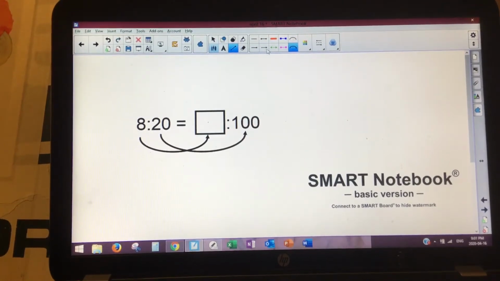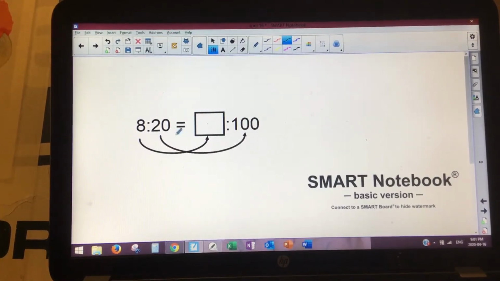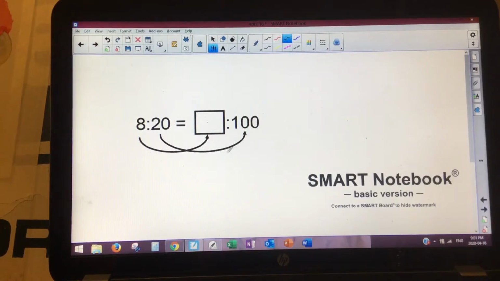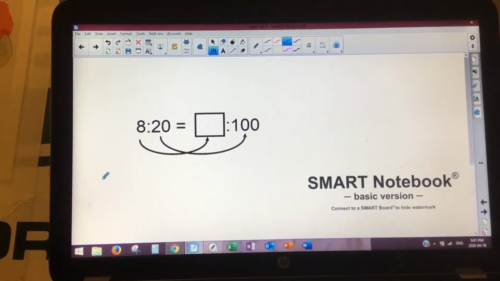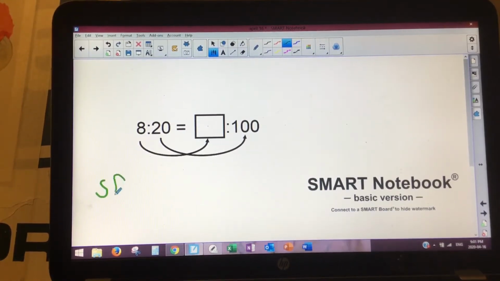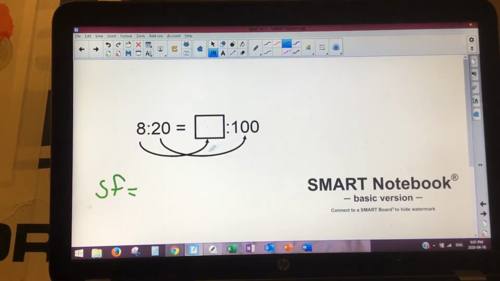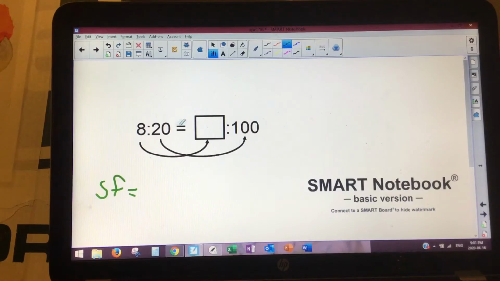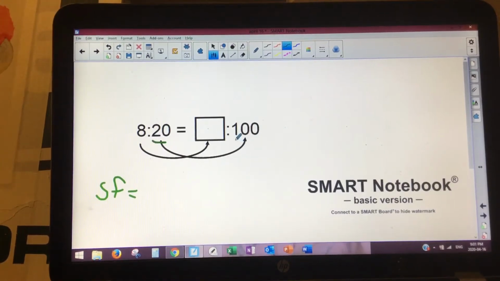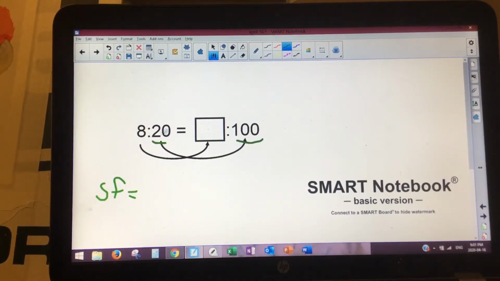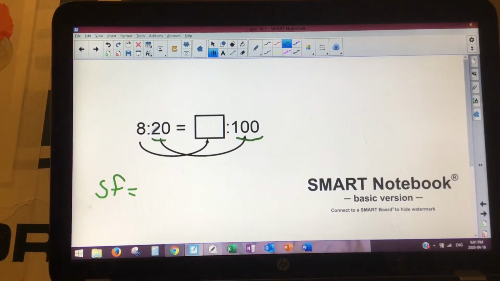So if we remember what we did yesterday, to find what this relationship is, it's called a scale factor, typically written SF, scale factor. And you take the two that you know, so we've got 20, we've got 100, they're to the right of the column.